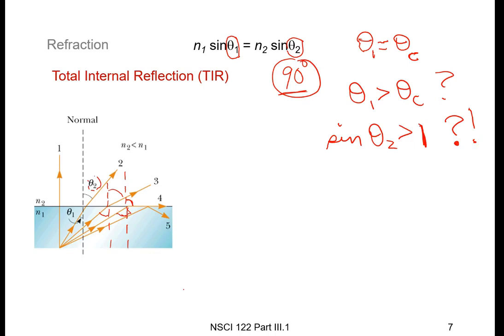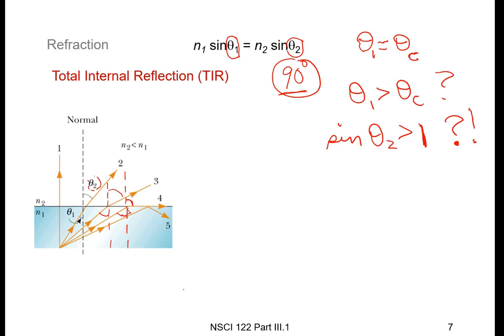Well, what happens physically? It turns out that there is no transmitted ray. Snell's law breaks down because there is no transmitted ray, which means all of the light has to be reflected. Remember, when the light hits that interface, some of the energy is being reflected, some is being transmitted.